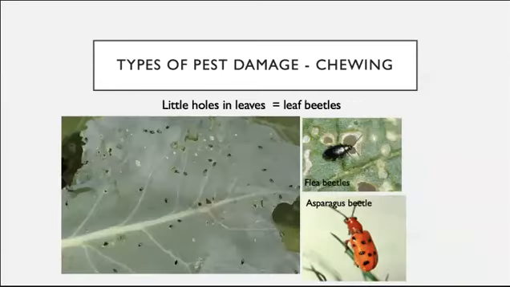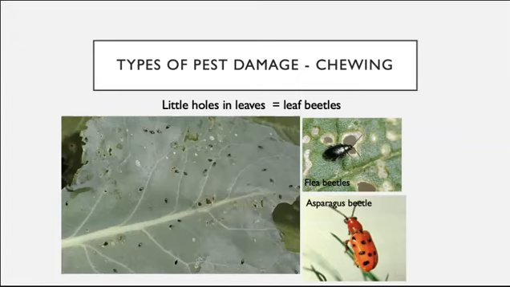Okay. So caterpillars usually leave these really big holes. If you see little tiny shot holes throughout your leaves, usually that indicates smaller beetles, like our flea beetles and asparagus beetle. So that could be a good symptom to look for, these little tiny holes.